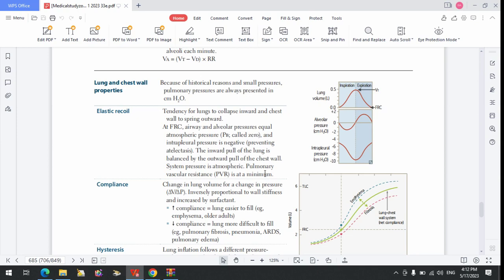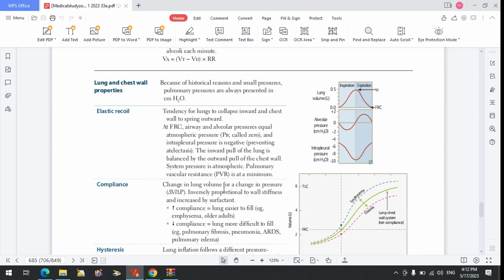If you increase your alveolar vessel resistance, it is going to increase the pulmonary vascular resistance. If you increase the extra-alveolar vessel resistance, it is also going to increase your pulmonary vascular resistance. Both of them increase, but they have different changes.